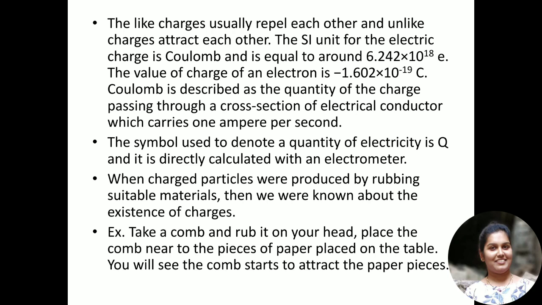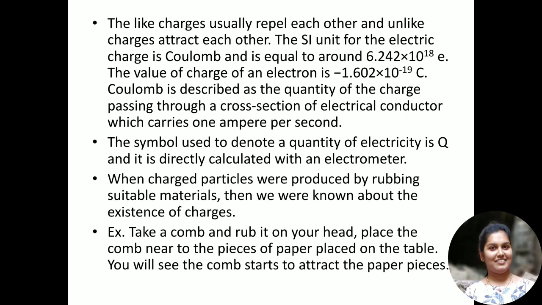The comb which attracts paper pieces contains positive charge and any object which repels the comb is negatively charged. So this is a simple demonstration of Coulomb's law: using a simple comb and small pieces of paper, attraction and repulsion characteristics can be easily observed.